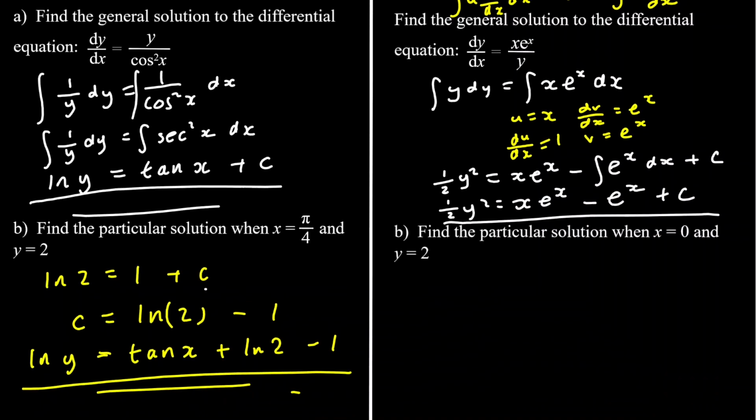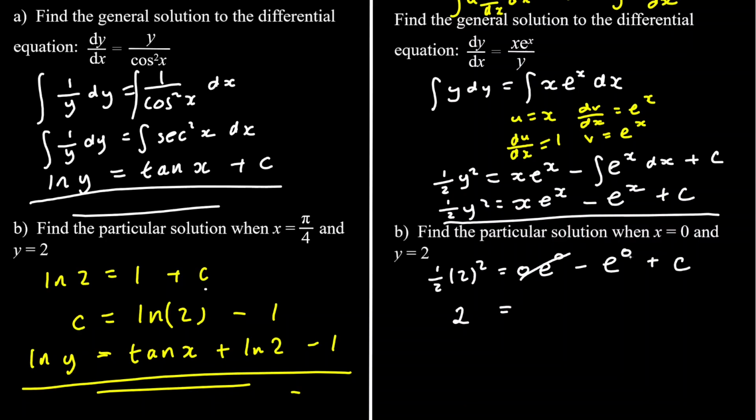Part B, find the particular solution when x is 0 and y equals 2. So substitute them in. So we've got half of 2 squared equals 0 times e to the power of 0 minus e to the power of 0 plus c. So half of 2 squared is 2. 0 times e to the power of 0 is 0.